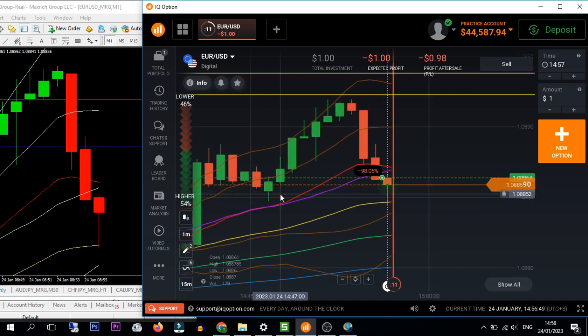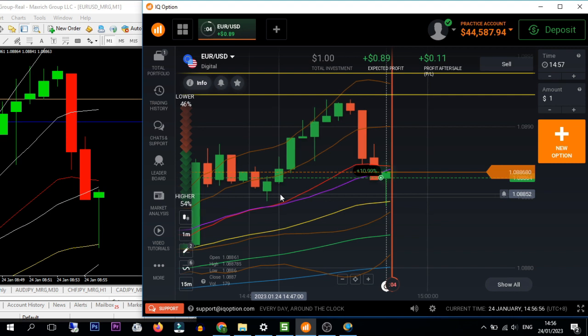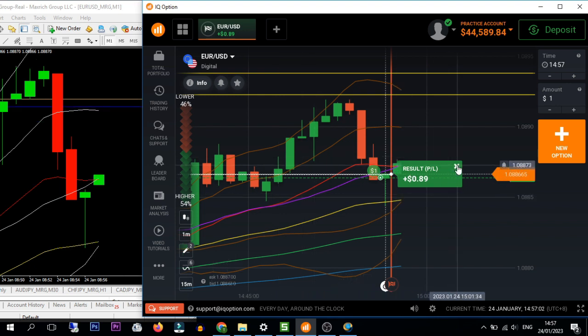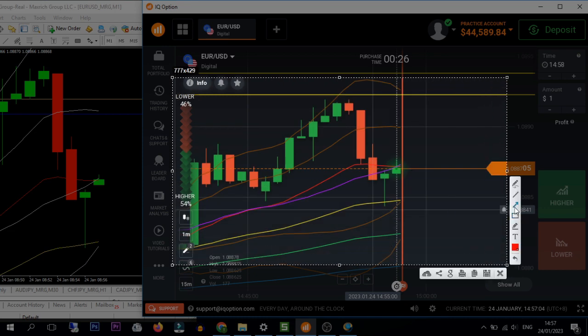Okay, let's see a small bullish. Come on, come on. Because the previous one I lost, so this should be a bullish one. Yes, you see that? A small bullish. It's like a doji. Here I made a mistake. Okay, sometimes we have a mistake.